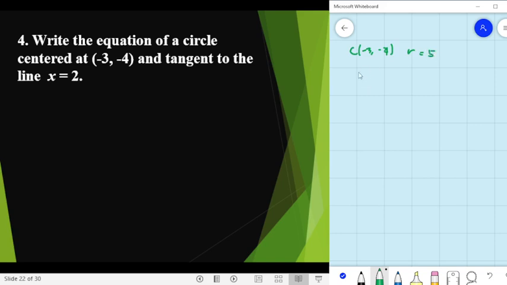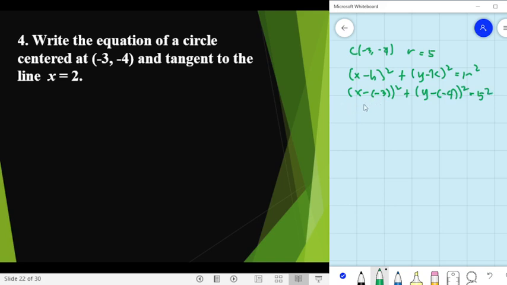So in writing the equation, we have quantity x minus h squared plus quantity y minus k squared equals r squared. So replacing h and k, we have quantity x minus the -3 squared plus quantity y minus the -4 squared equals 5 squared.